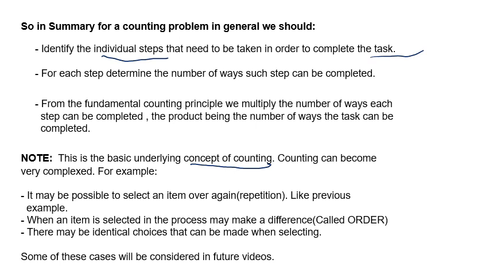When an item is selected in the process, it may make a difference when it was selected. This is called order. We'll be talking about permutations, combinations. There may be identical choices that can be made when selecting. Some of these cases will be considered in future videos, but these three things listed above need to be taken into consideration when counting.